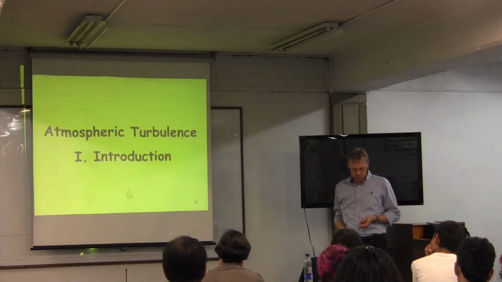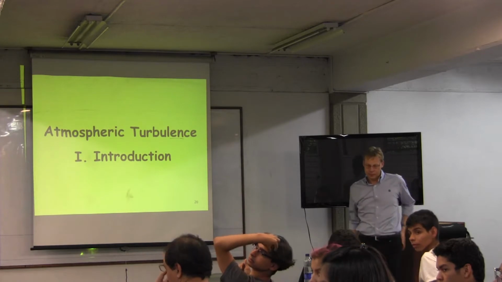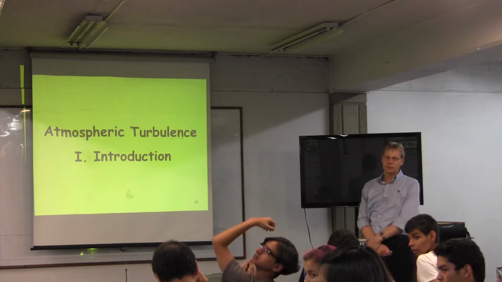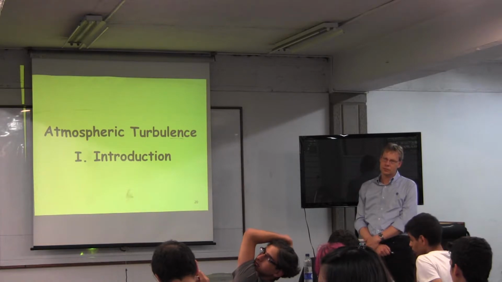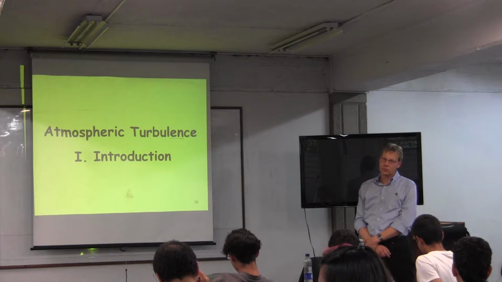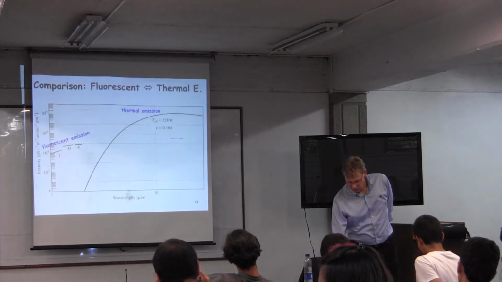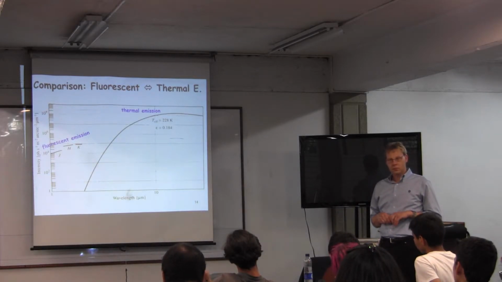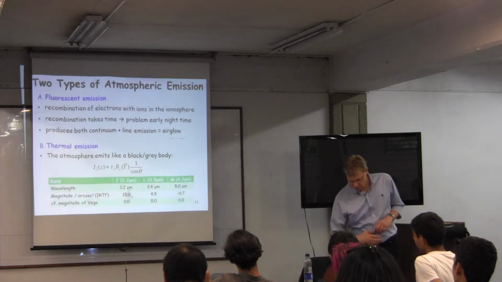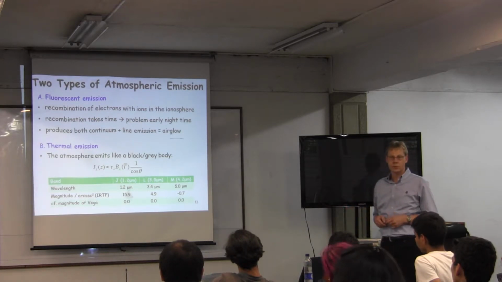Okay, another question, sorry. Yes, please. I want to know what is the relation between atmospheric emission and black body emission. When you talk about two types of atmospheric emission, there is something called thermal emission and an equation with a term relating to a black body.